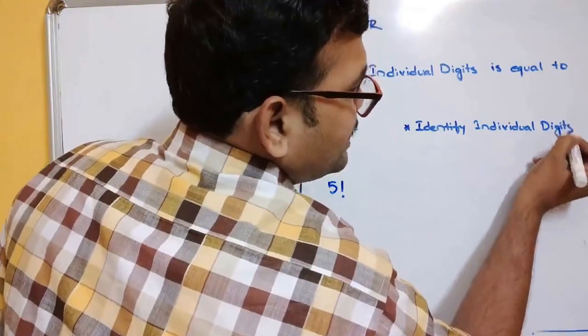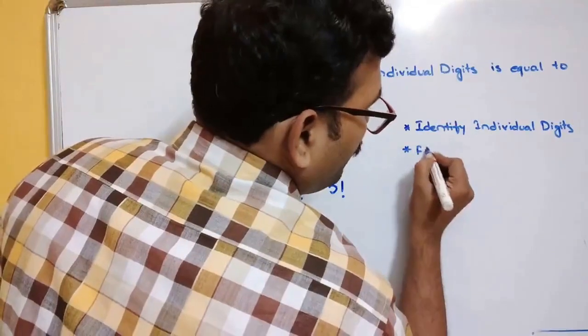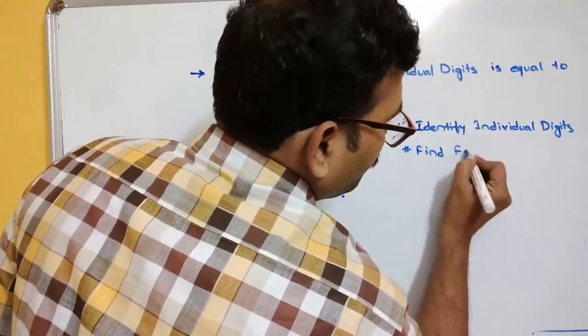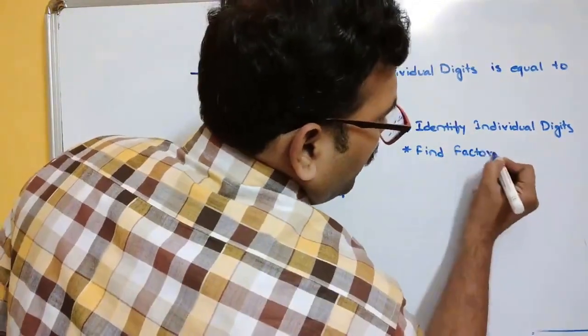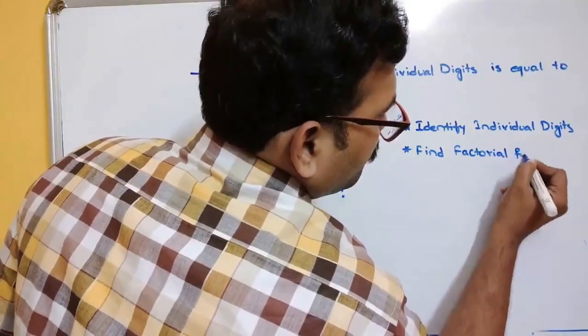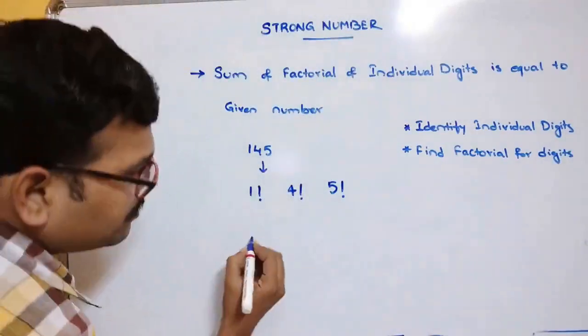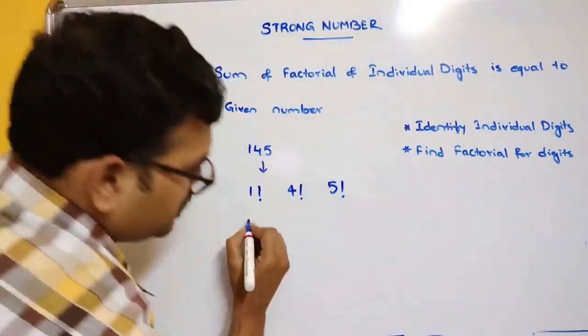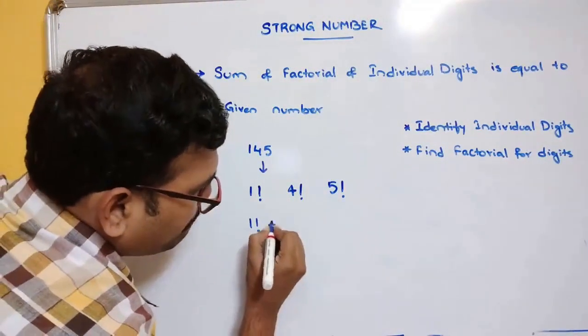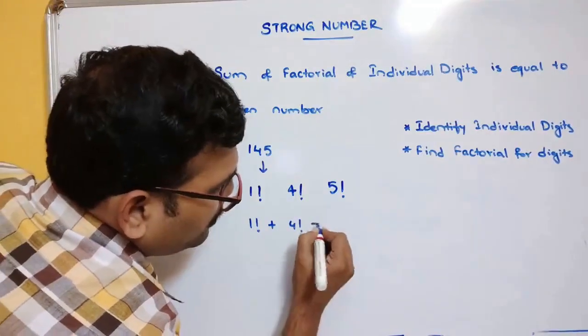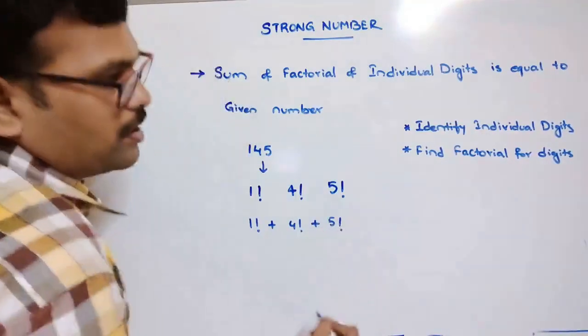Second step, find the factorial for the digits. Next, sum these factorials: 1 factorial plus 4 factorial plus 5 factorial.